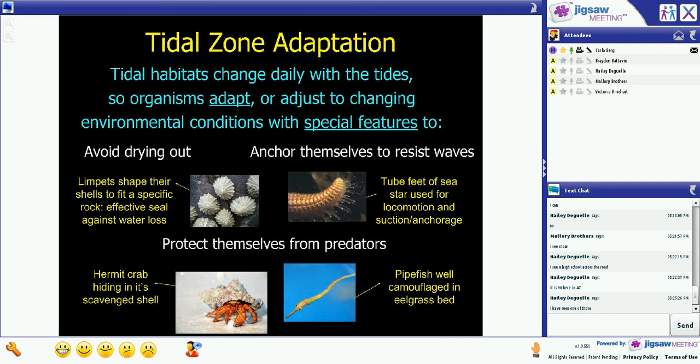Raise your hand if you have seen a sea star before. Oh my goodness, all of you have. Okay, so Victoria, can you describe that sea star to us?